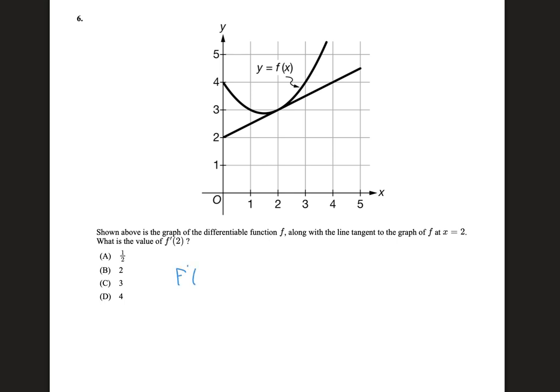Graphically, the interpretation is the slope of the tangent line to f at x equals 2. So that's the meaning of this little function notation expression: the slope of the tangent line of f at x equals 2. That's what it means, at least graphically.